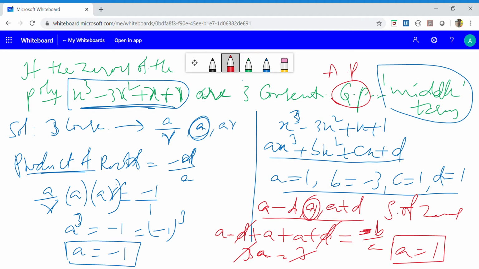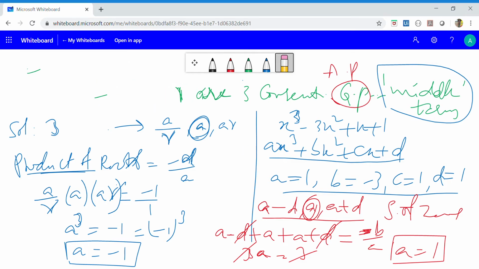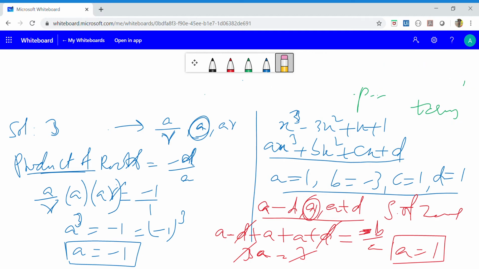So two questions I covered. The zeros of the polynomial are in GP, find the middle term, or the zeros of the cubic polynomial are in AP, find the middle term. Like that they may change. So this is a connective question, connected with polynomials and progressions.